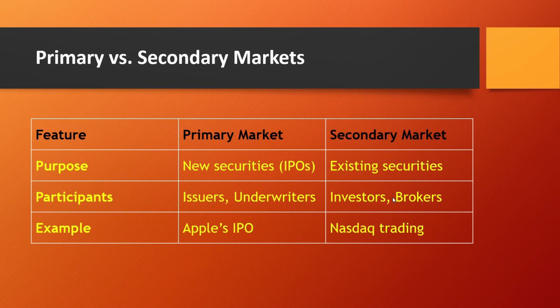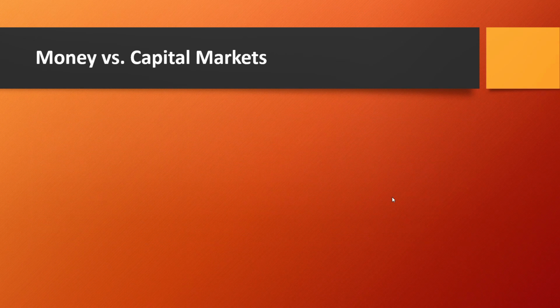This is where most of the action happens. For example, if you buy a Tesla share today, you are doing so in the secondary market. So primary markets are about creation and secondary markets are about trading. Got it? Great. Next up, money markets versus capital markets.